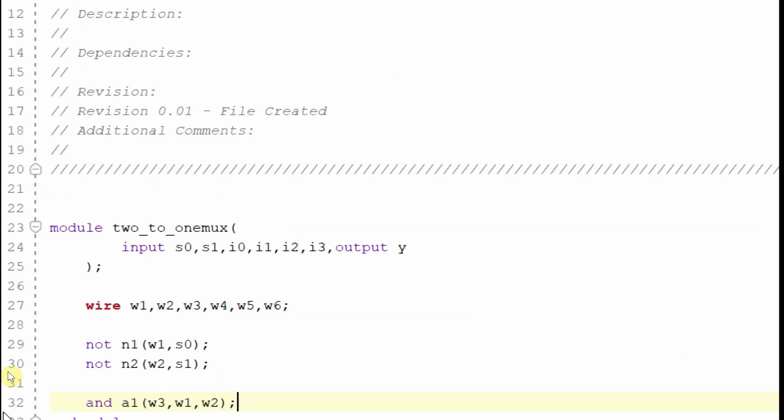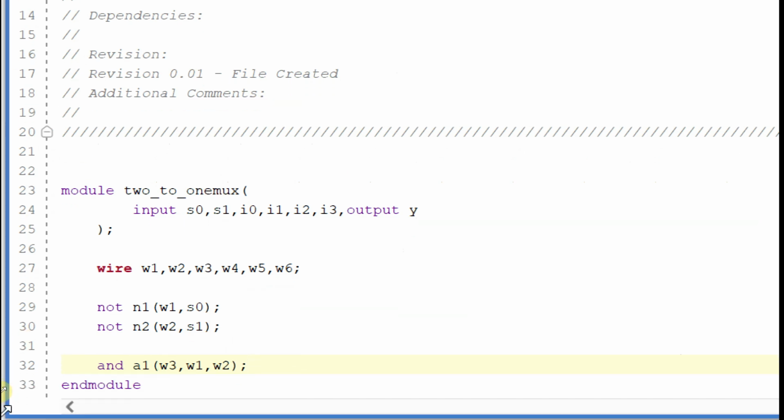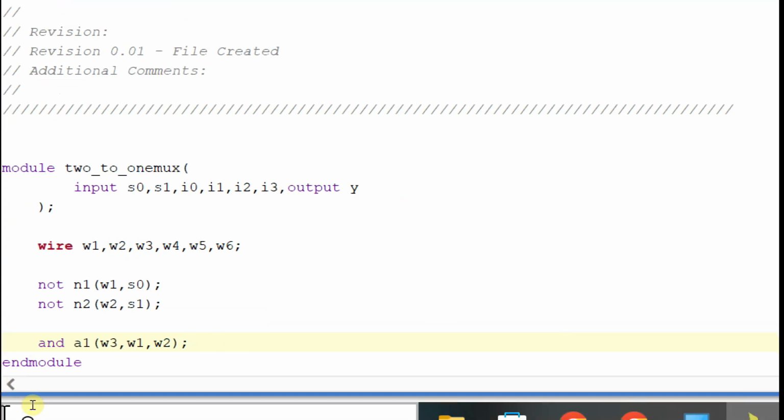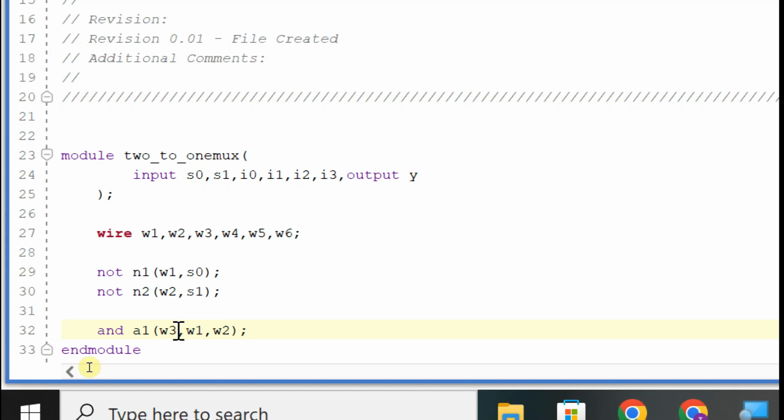This is how I'm going to describe the first AND gate output. Let's say this is W2, W3, W1. So is it correct or wrong? Here I will write W3. First I will write inputs followed by output. So is it correct?